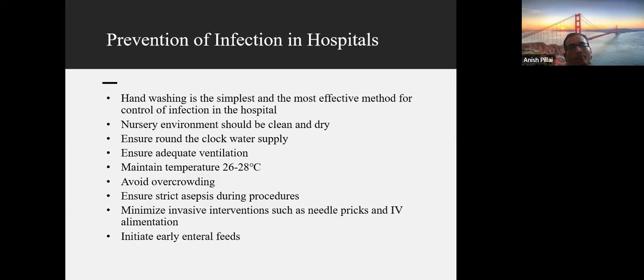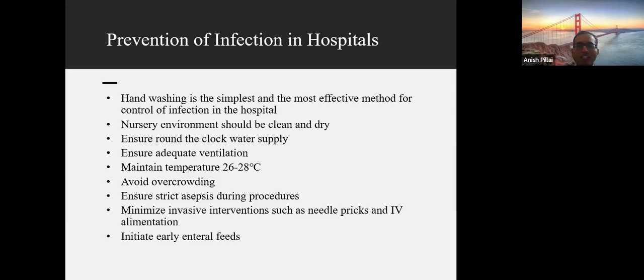So always remember that those procedures that we do or those handling that we do, that remains the most important. The floor cleaning of the NICU or the hospital will happen, the walls cleaning will happen, the incubator cleaning will happen. But finally, the bacteria go from the incubator wall or the warmer wall into the baby from our hands.